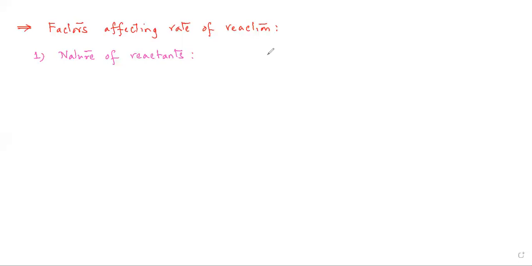because the reactants can be of two types. They can be ionic, they can be covalent. Okay.